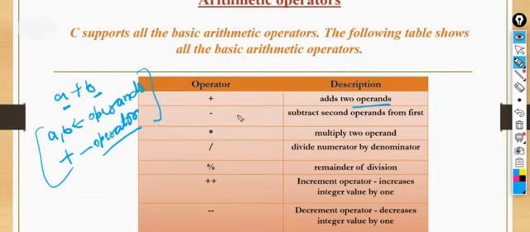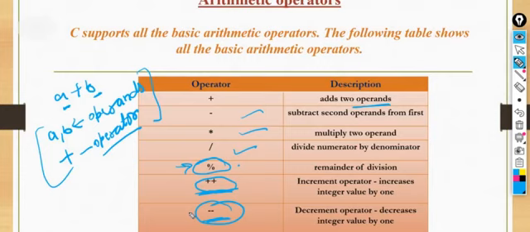Same thing for minus, subtraction, multiplication of two operands, divide, then this percentage symbol. This is known as the remainder, used to find the remainder of a division. If you divide two values, it will show you the remainder when we use this symbol as an operator between two operands. Now, the increment and decrement operators: two plus symbols and two minus symbols.